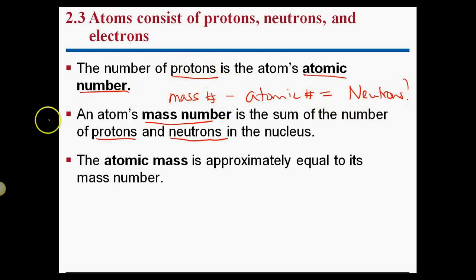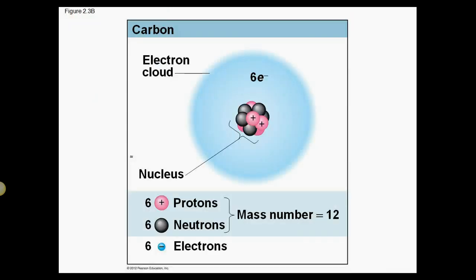And the atomic mass, as you can call it either way, is approximately equal to the mass number. It's more of an average, but that's something you can explore a little bit more in chemistry. So here we go with carbon, another super awesome one to look at. Here's carbon, electron cloud. We don't care what's going on in here. We want the mass strictly from the nucleus.